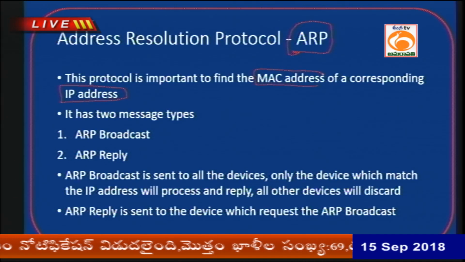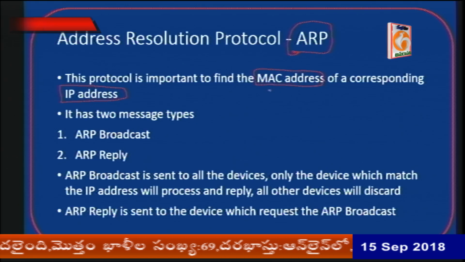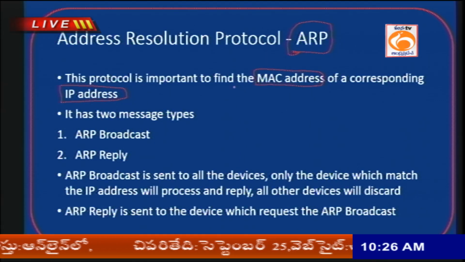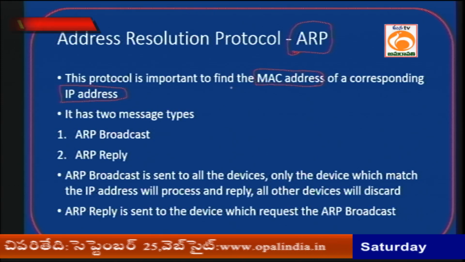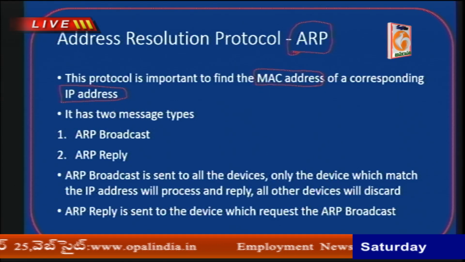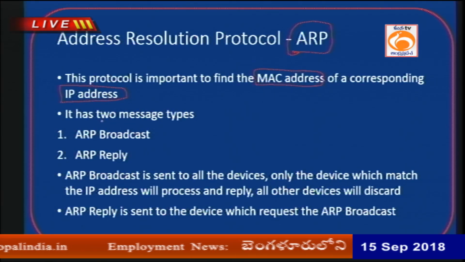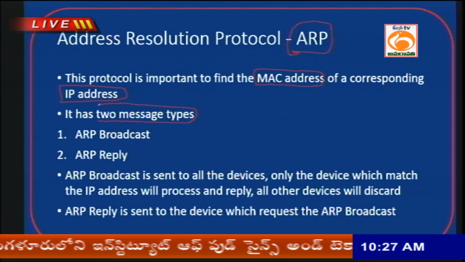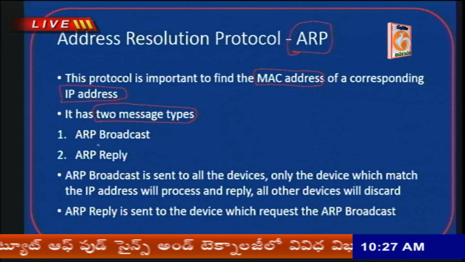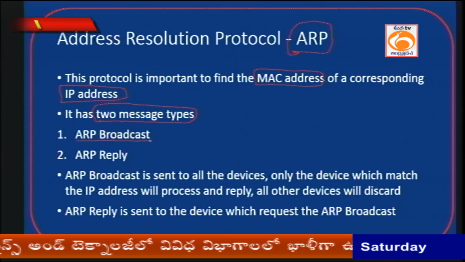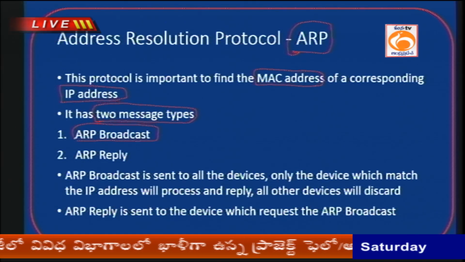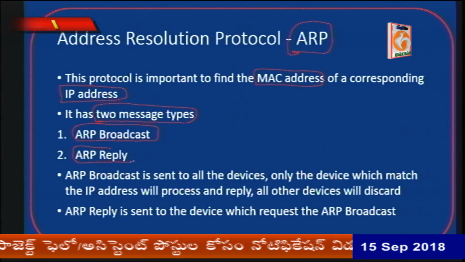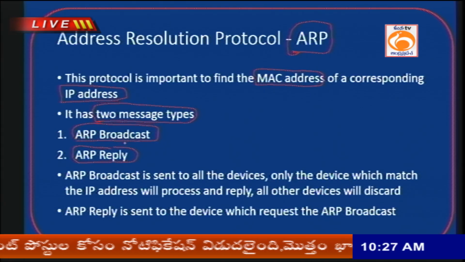This is a very important protocol in the LAN communication. Without ARP, two computers in the LAN will not be able to communicate with each other. The ARP protocol uses two different types of messages called ARP broadcast message and ARP reply message. These are the two messages internal to this ARP protocol.